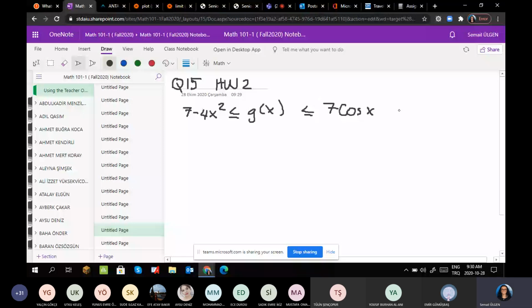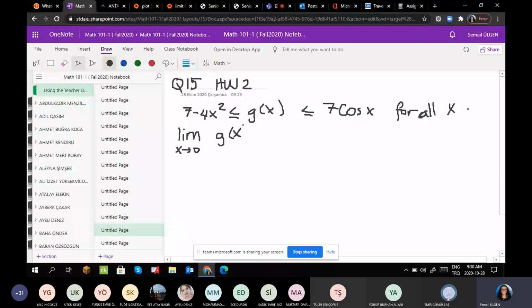This is true for all x, and they're asking you to find the limit as x approaches 0 of g of x.